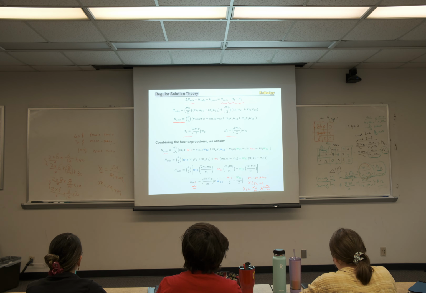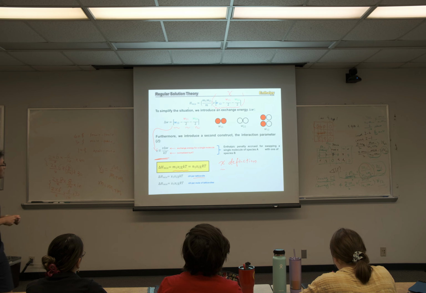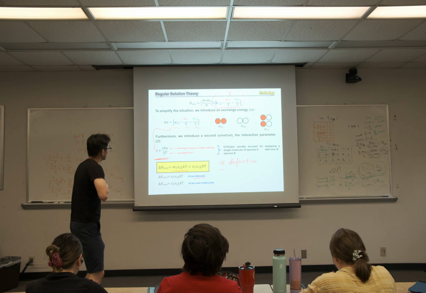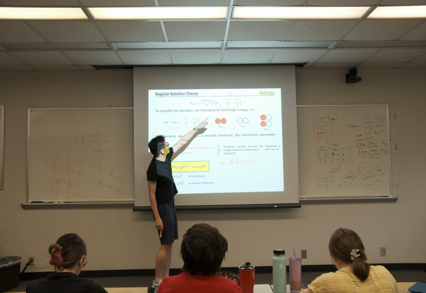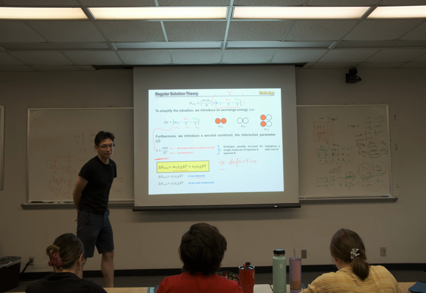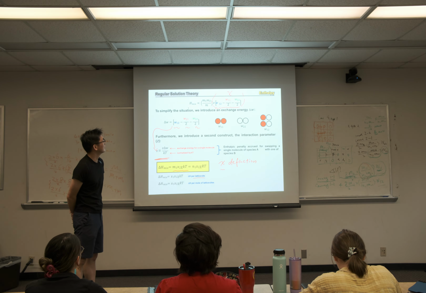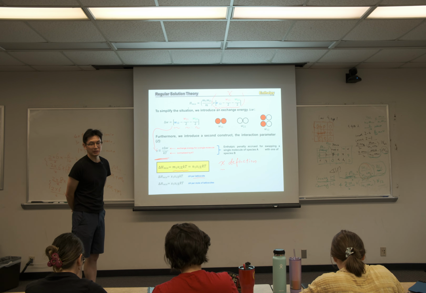That we can further simplify and introduce one of the most important concepts in our polymer physics. If we define this to be a new parameter called chi or Flory-Huggins parameter, we can get what is the enthalpy before and after mixing.